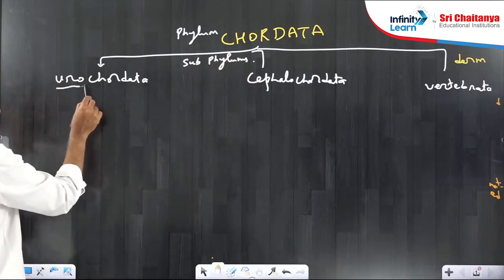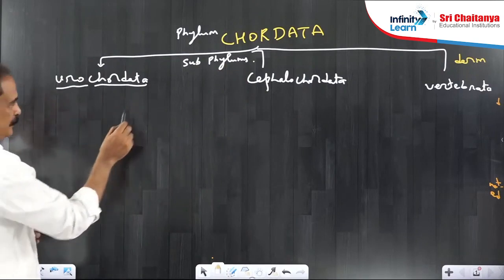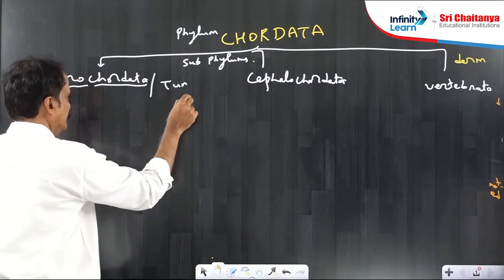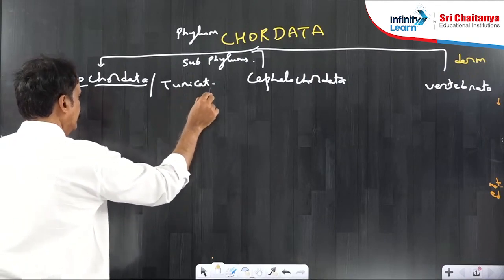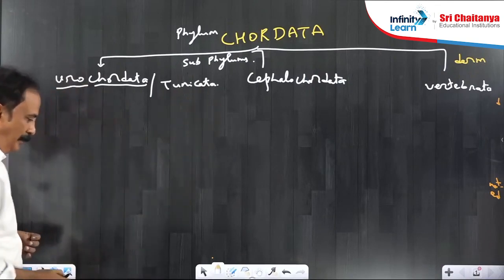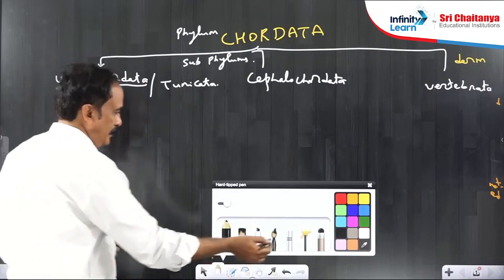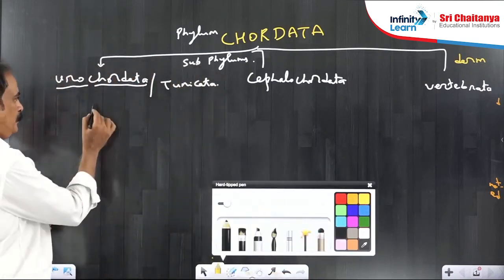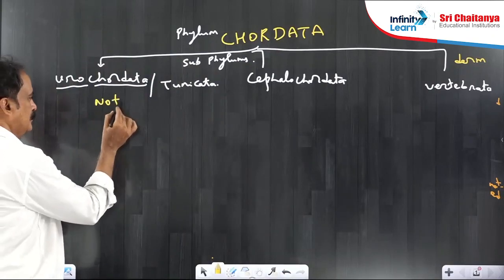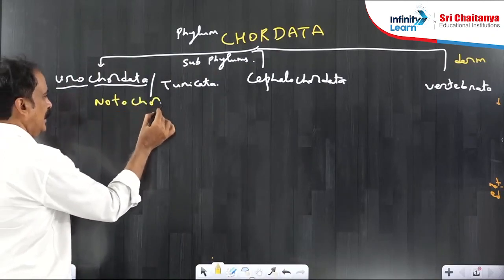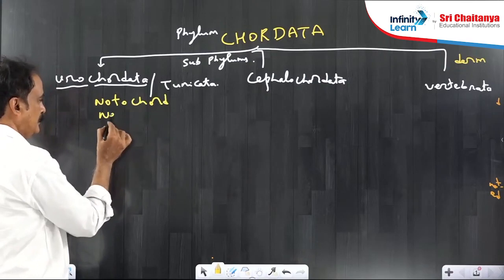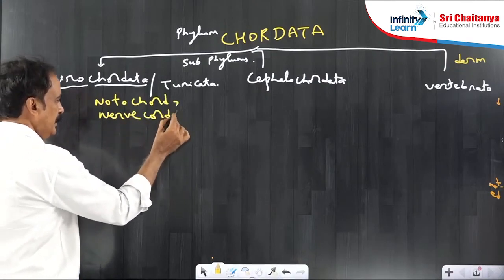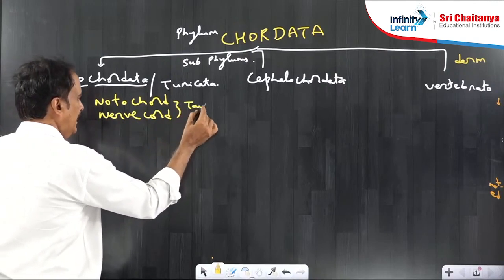So the subphylum called Urochordata is also named Tunicata. It is named Urochordata because the chordate characters of notochord and nerve cord, these 2 structures, are present in the tail of the larval stage.